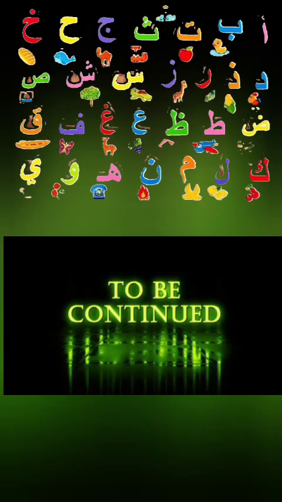You get it now? ألف باء تاء ثاء جيم حاء خاء دال ذال را زا سين شين صاد ضاد ظا عين غين فاء قاف كاف لام ميم نون ها ويا.